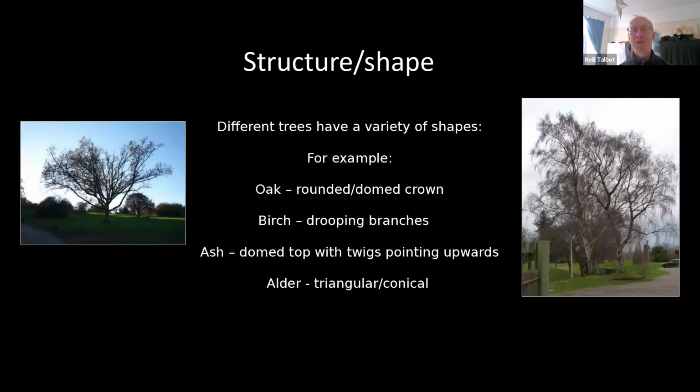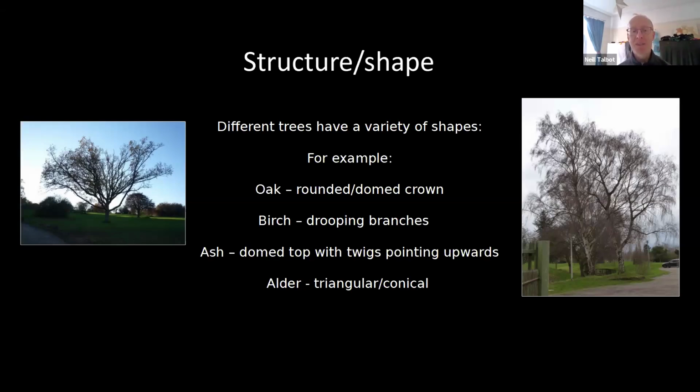But if you get closer to the ash, you'll see it's got twigs that actually point upwards. So the branches sort of droop down a bit, but then the twigs point upwards. One that's got very drooping branches is the birch, and that's the picture on the right. Sorry, the picture on the left is the oak.